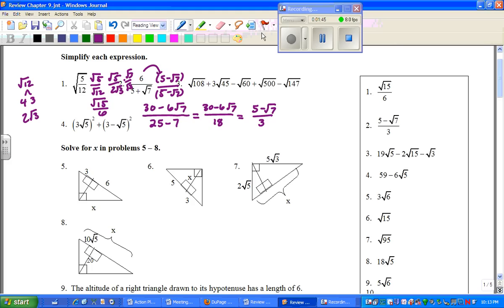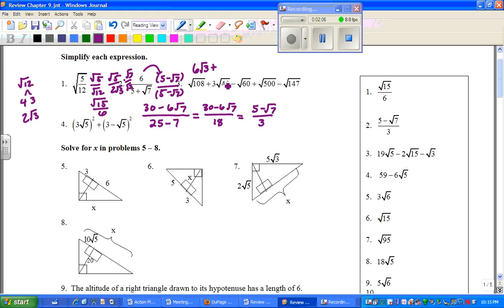Number 3, break up each piece individually. We have the square root of 108, which breaks up into 36 and 3. So this piece is 6 root 3.